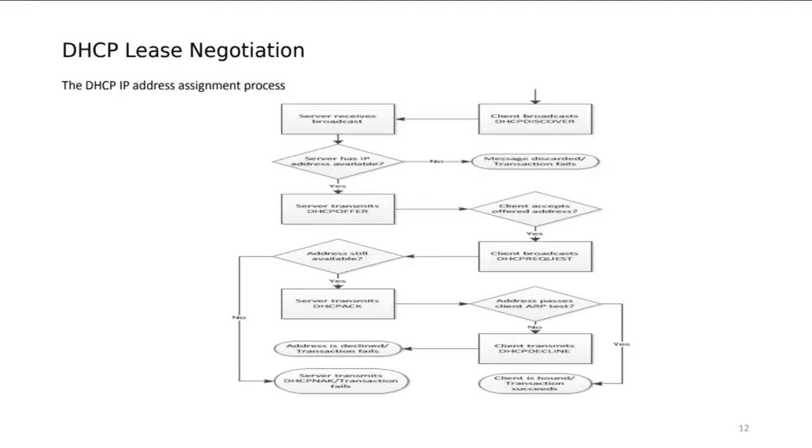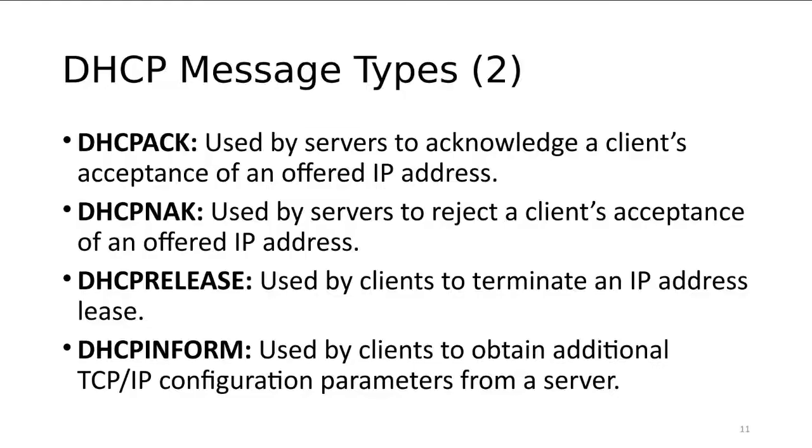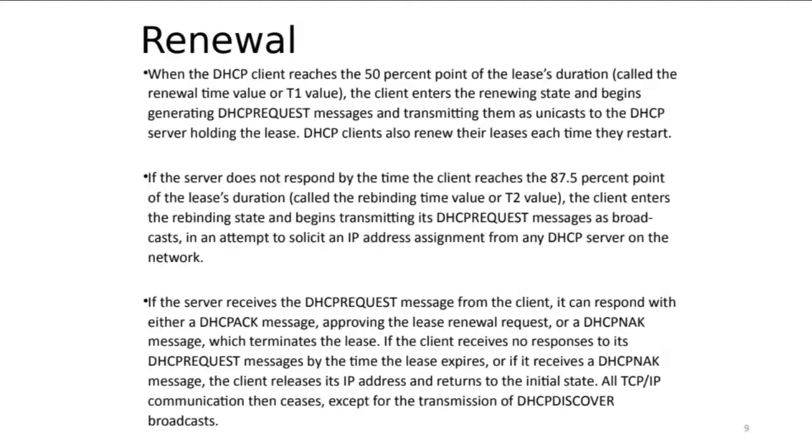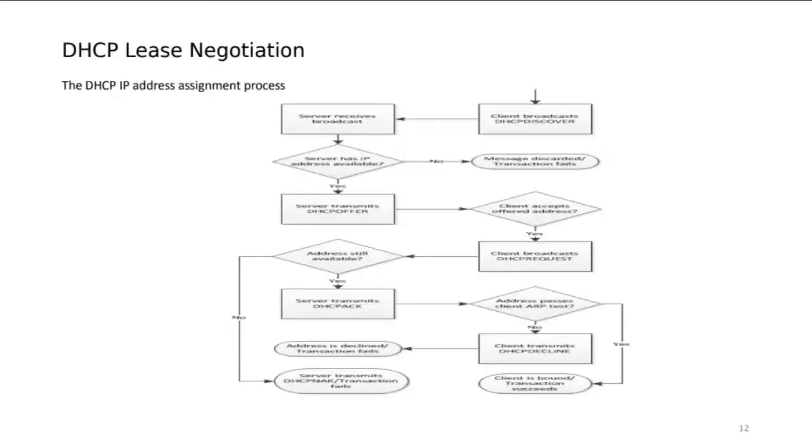This is the lease negotiation. What we explained here is given to you in a diagram, like a flow chart. Okay. So what happens when you start the machine? The client will send a broadcast, DHCP discover, and the server receives that broadcast.